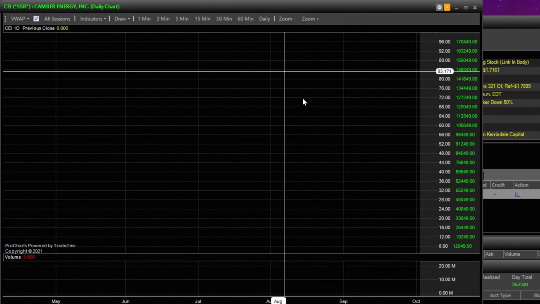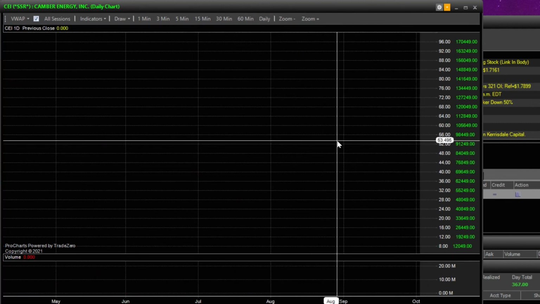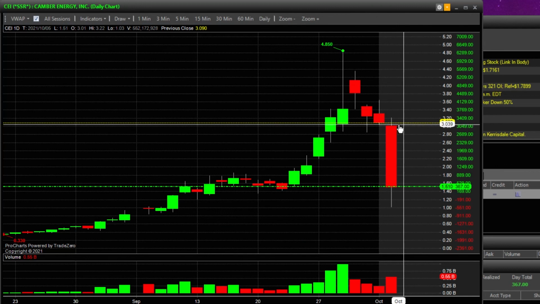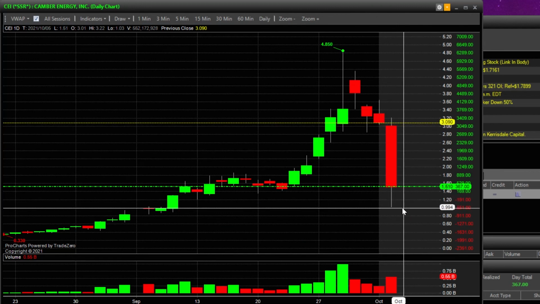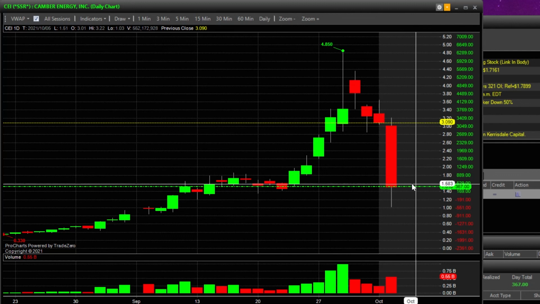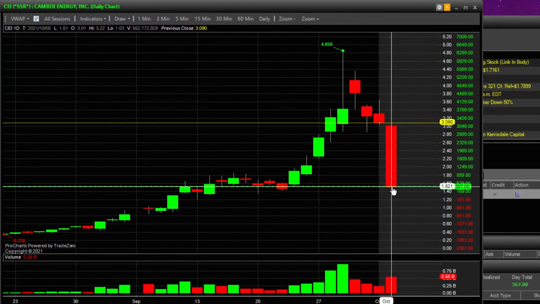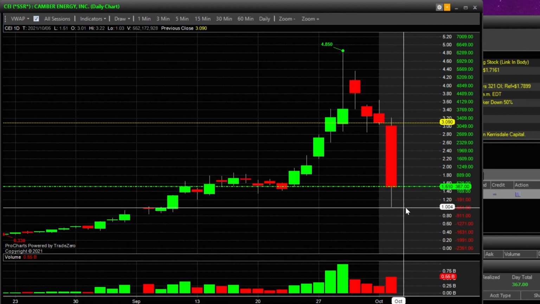So let's look at the daily chart. So it dropped from $3.03 all the way down to $1, and it can definitely bounce back a lot. It's already up 51% from its lowest point.